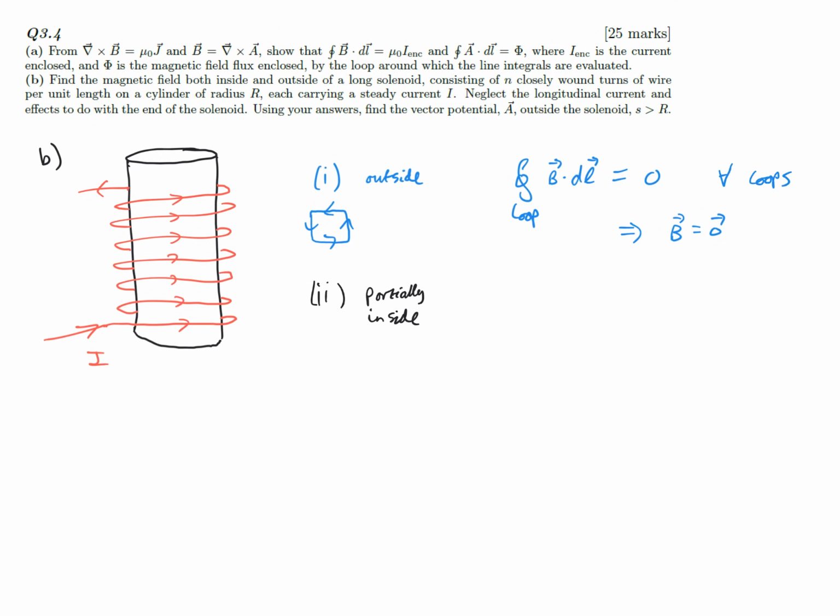The Amperian loop I'm going to consider is something like this. And we can break down Ampere's law for the loop into a piece that's inside and a piece that's outside.